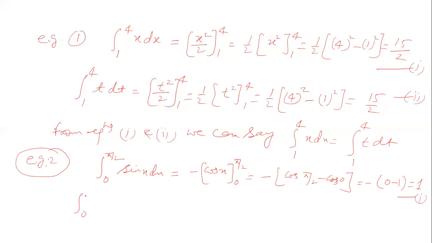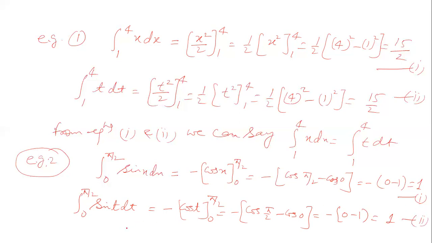Now taking integral from 0 to pi by 2 of sin t dt. It would be minus cos t, 0 to pi by 2, that is minus cos pi by 2 minus cos 0, that is minus 0 minus 1, that is 1.